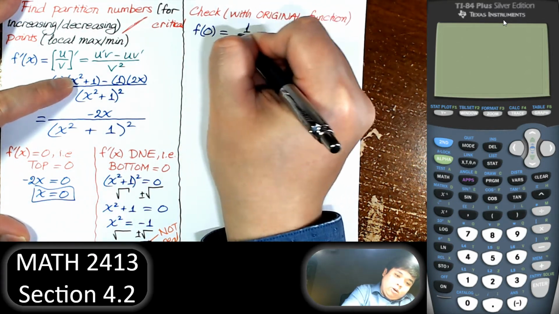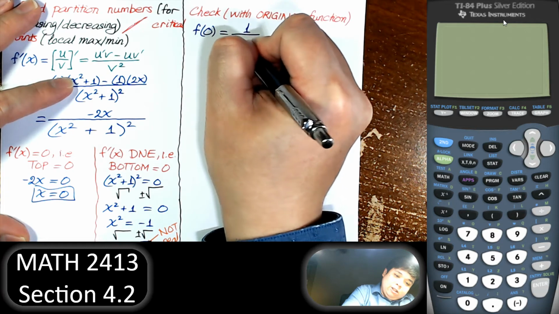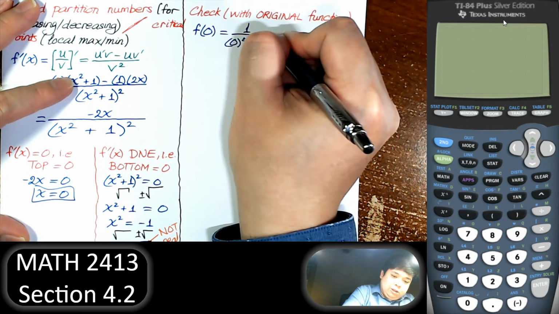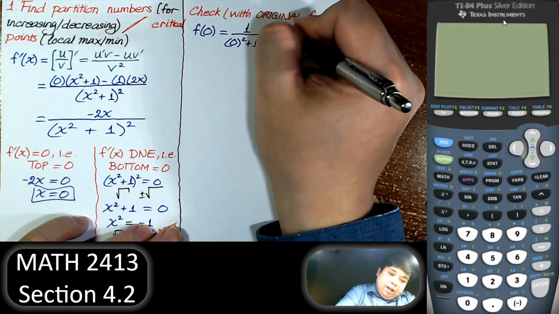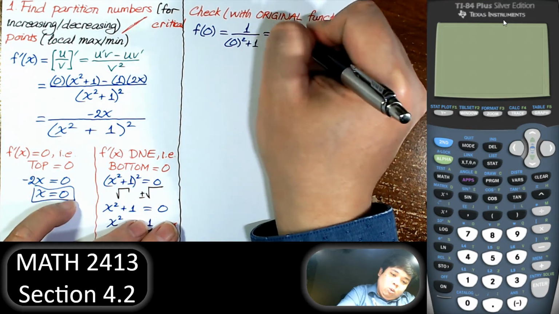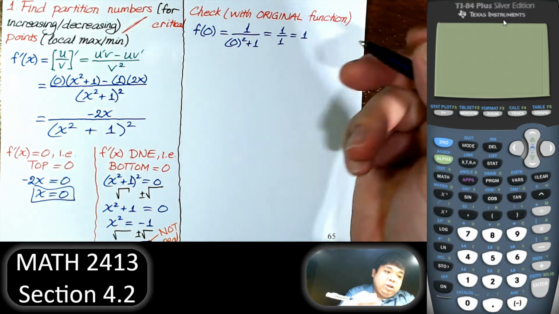So I put 0 in for x, and that's just 1. So yes, it is defined.